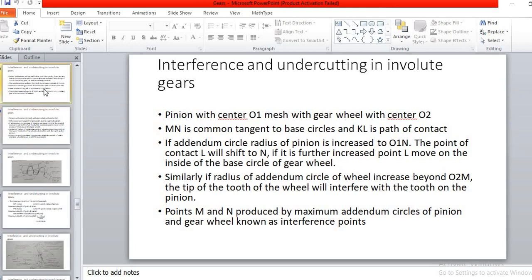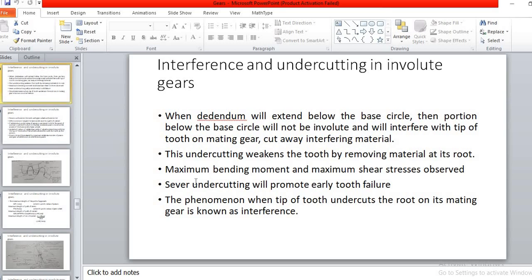So in this interference, due to that undercutting, earlier failure of the tooth will occur, as undercutting removes that particular material. Earlier failure we can observe in such cases. Maximum bending moment and maximum shear stresses are also observed in such cases.